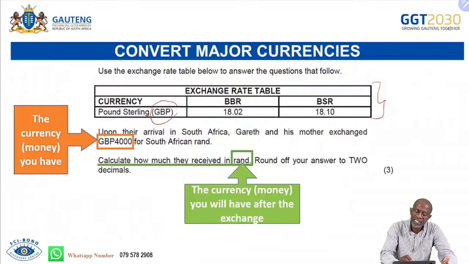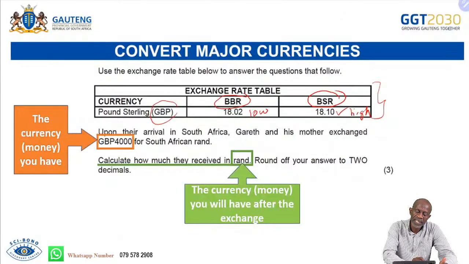On the rate sheet, you'll have the name of the currency in question, as well as the bank buying rate and the bank selling rate. As we have alluded to, the bank selling rate is always higher as opposed to the bank buying rate, which is always lower.